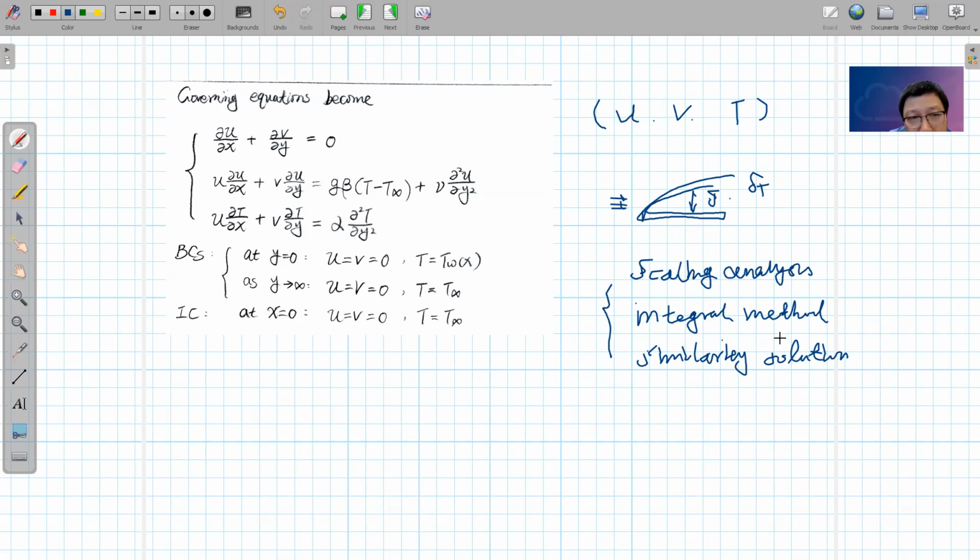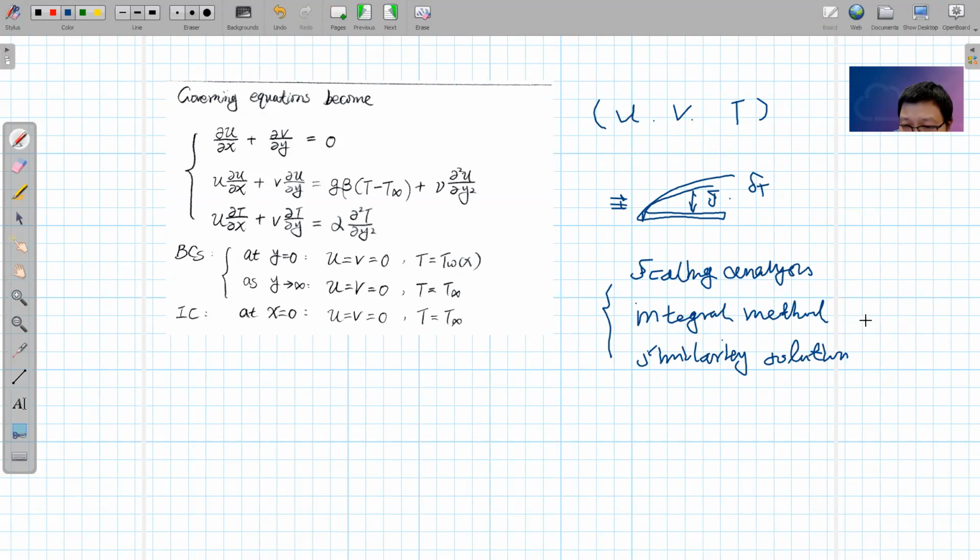So for this problem with this equation and this boundary condition, we can also do these three things. First, we can do the scaling analysis for these equations. By doing scaling analysis, we can know the magnitude of the boundary layer thickness and the magnitude of the Nusselt number, those kinds of things.